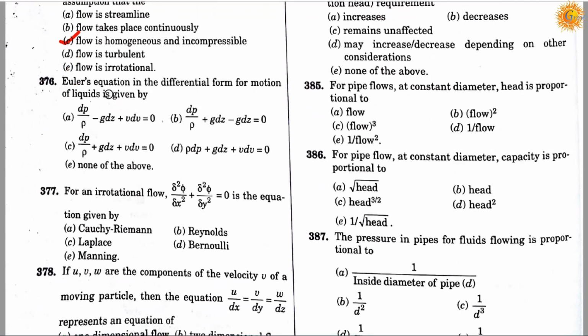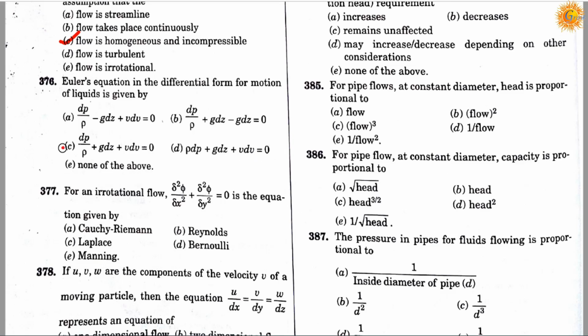Question number 376. Euler's equation in the differential form for motion of liquids is given by: option A, dp/rho minus g dz plus v dv equal to 0; option B, dp/rho plus g dz minus g dz equal to 0; option C, dp/rho plus g dz plus v dv equal to 0; option D, rho dp plus g dz plus v dv equal to 0; option E, none of the above.